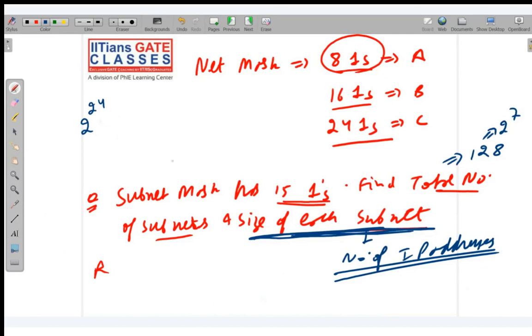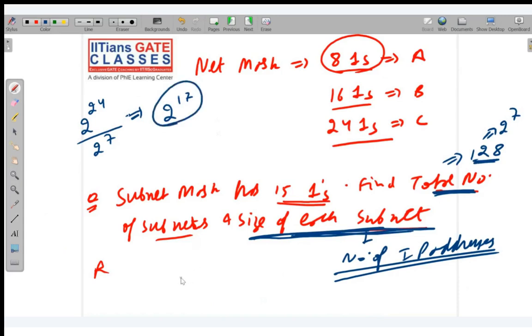Now it has been shared among 128 organizations. So 128 means you divide by 2 power 7. So size of each organization will be 2 power 24 minus 7. You will get 17. So 2 power 17 is the size of each organization.